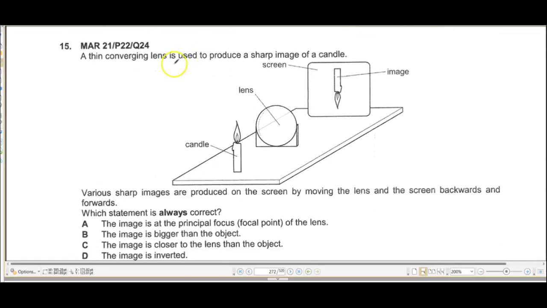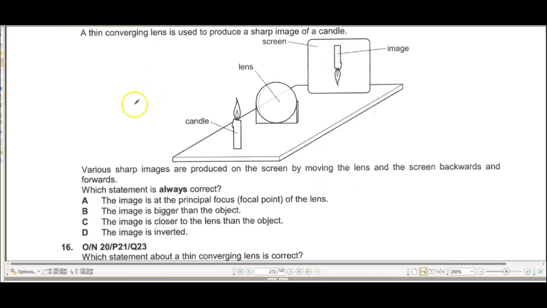Question number 15. A thin converging lens is used to produce a sharp image of a candle. Various sharp images are produced on the screen by moving the lens and the screen backwards and forwards. Which statement is always correct? The image is at the principal focus of the lens. Okay, we can't actually see to that. The image is bigger than the object.